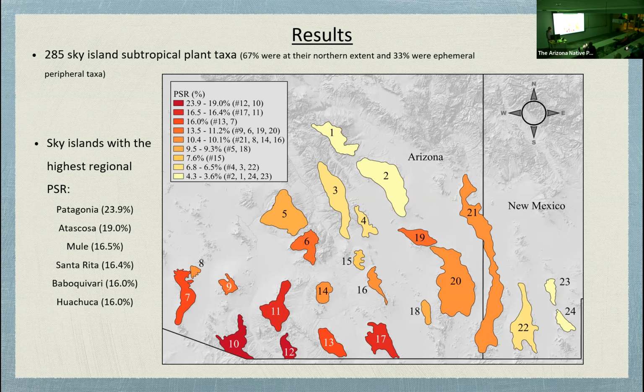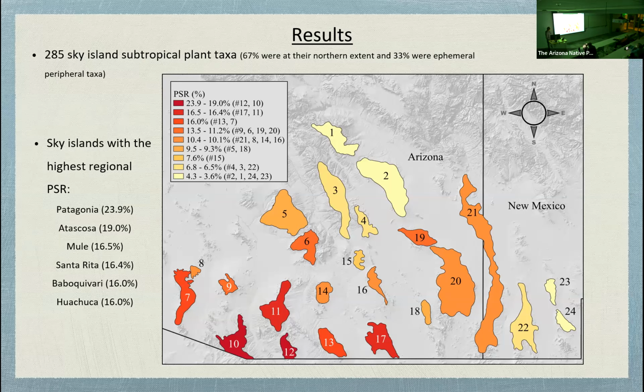And then you can see basically what we have here is as it goes to the east, things start to drop off. And as we go to the northeast, things really drop off. And when you look at the Catalinas, which are number 5, Santa Catalina has 9.5%. Like I was saying at the beginning of the talk, Santa Catalina has about 125 or 124 subtropical plants in its flora, but it has a massive flora.